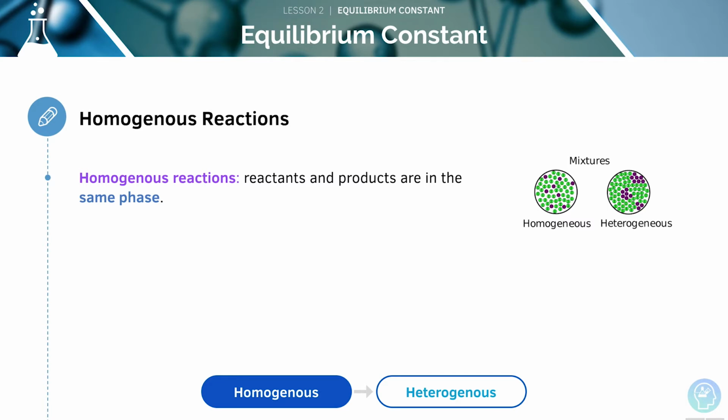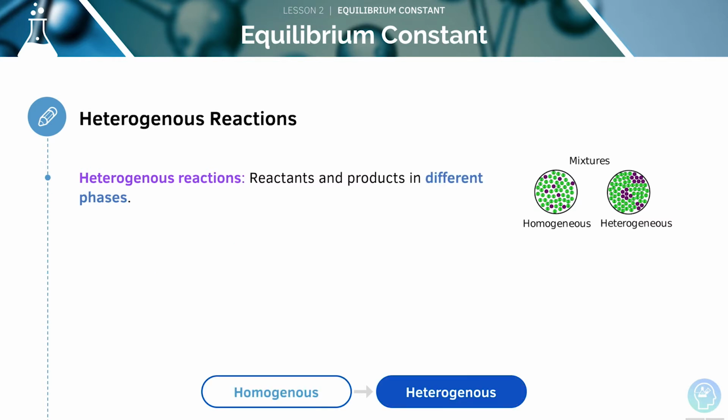These are the reactions where the reactants and the products are in the same phase. They could all be in solution or all be as gases. A heterogeneous reaction is when the 2 are in different phases. Some could be solid and others could be liquids.